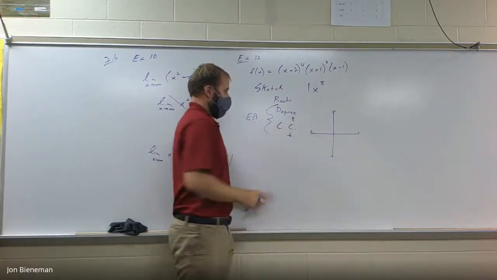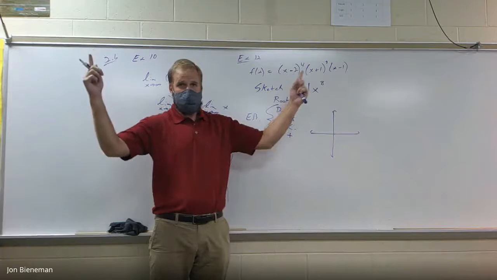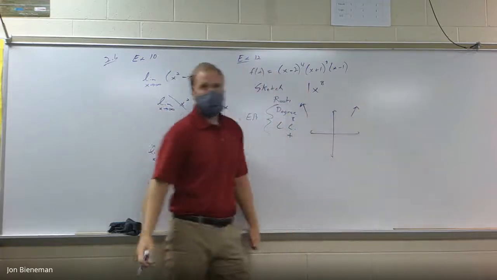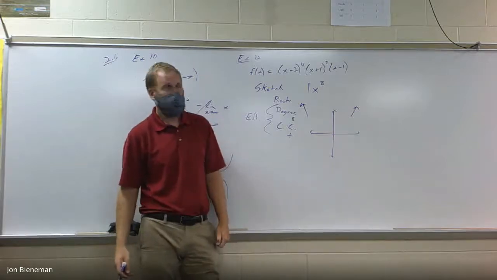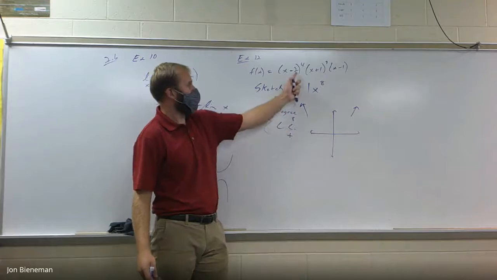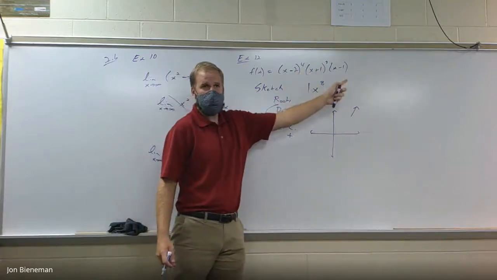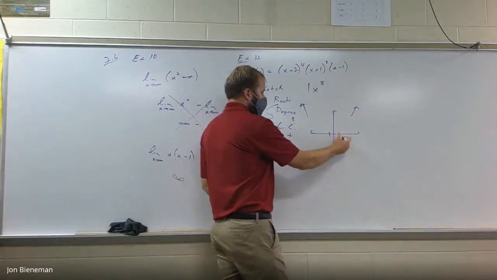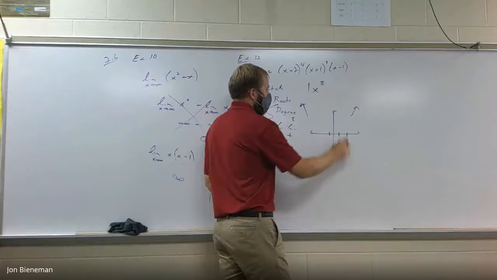Because my leading coefficient is positive, they're both going up. Some stuff happens in the middle. Okay, I have roots of 2, -1, and 1. So -1, 1, and 2.